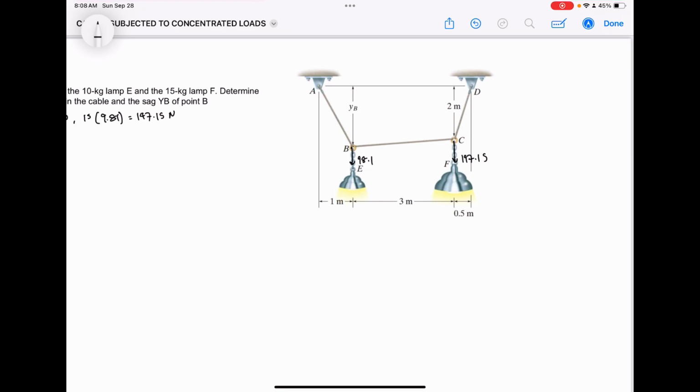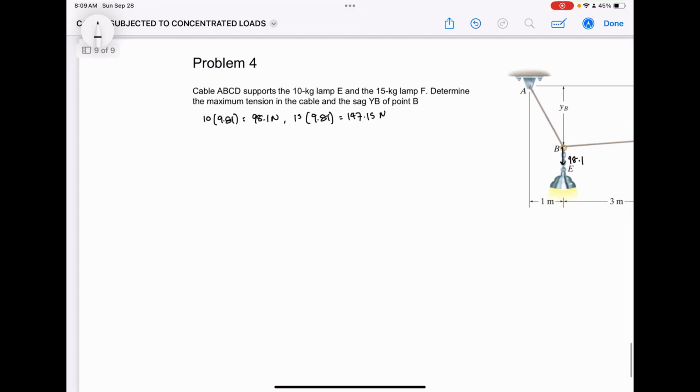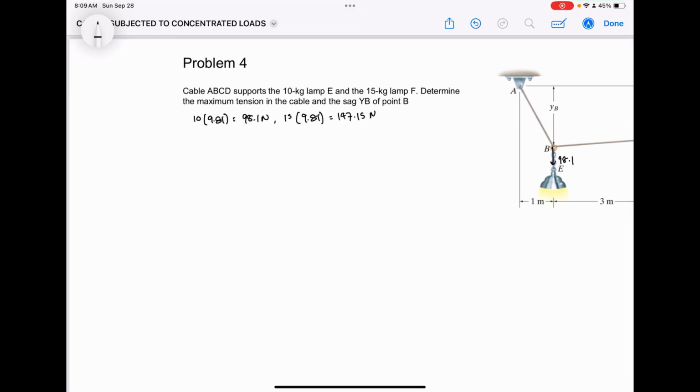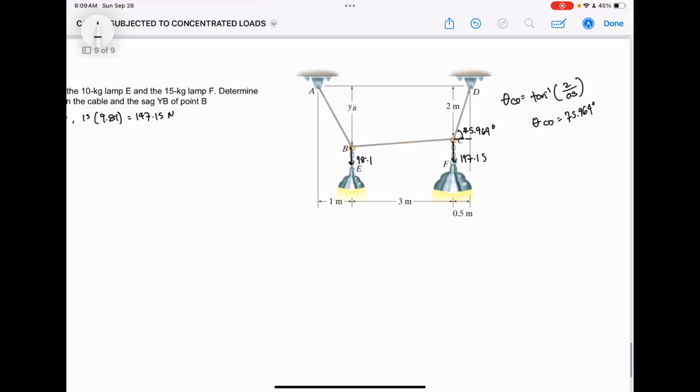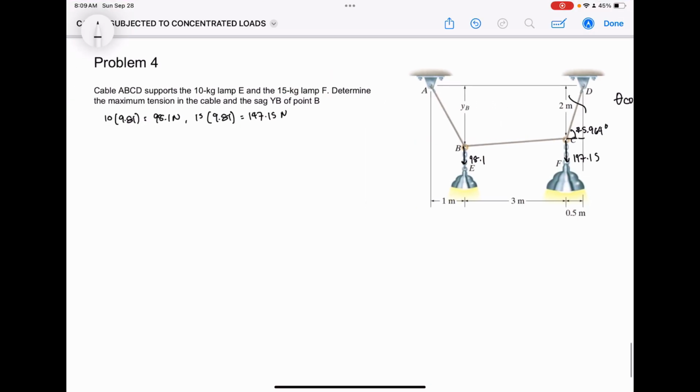Tapos, pwede natin i-obtain ang angle dito, angle CD. Theta CD is equal to tan negative 1, 2 over 0.5. Theta CD is equal to 75.964 degrees. So we can do method of sections, FBD.